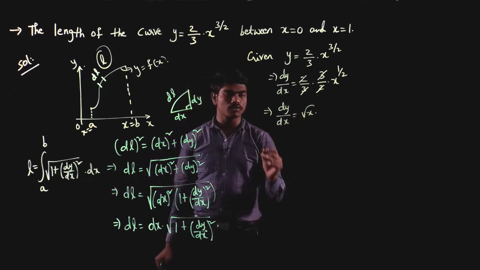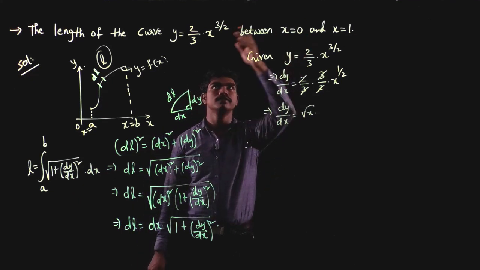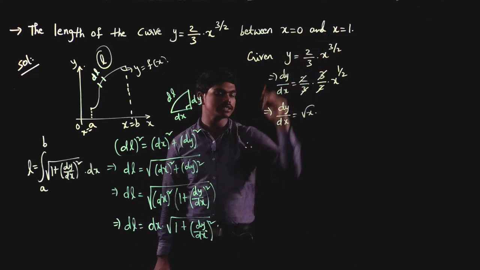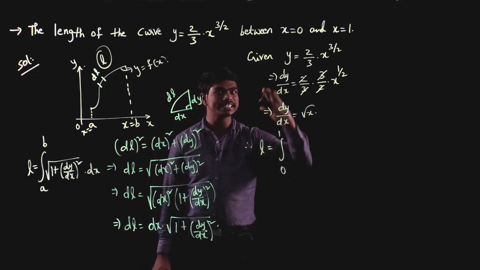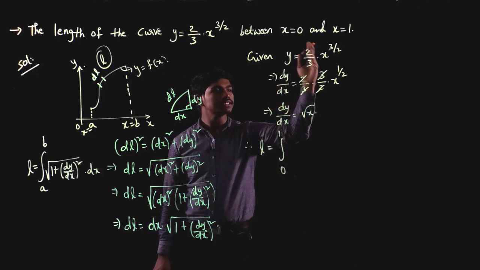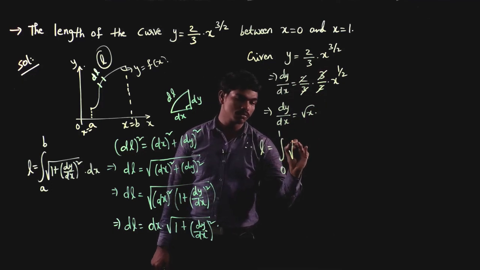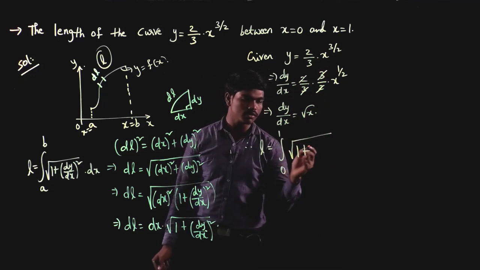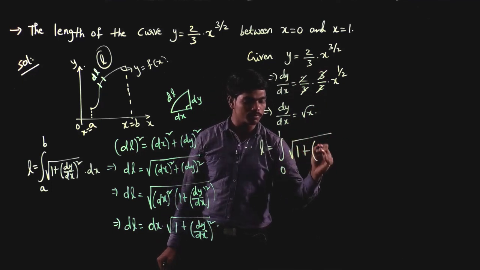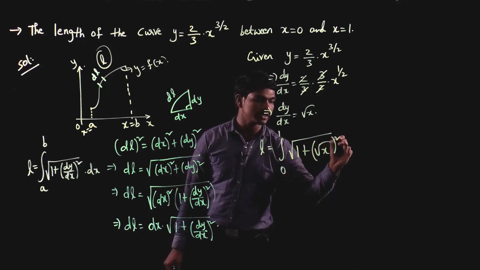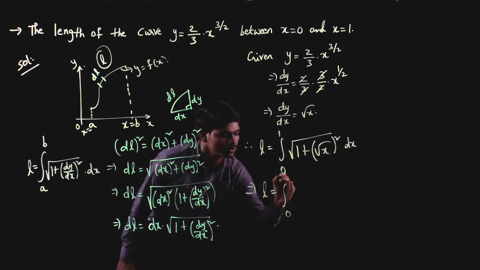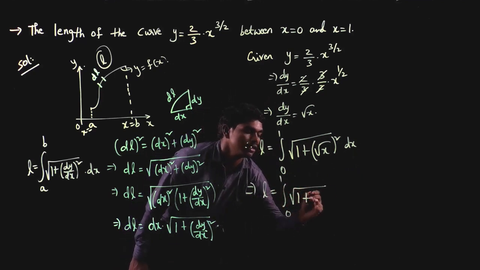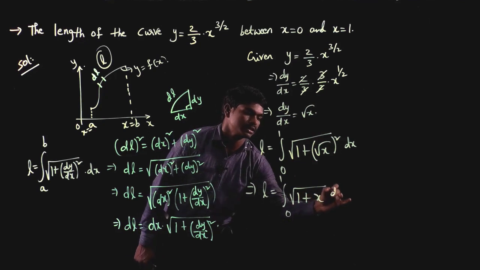So if you substitute in this formula for finding the length of this curve between x is equal to 0 and x is equal to 1, we have L is equal to integral 0 to 1 of root of 1 plus dy by dx whole square, which is root x whole square, dx. So L is equal to integral 0 to 1 root of 1 plus x dx.